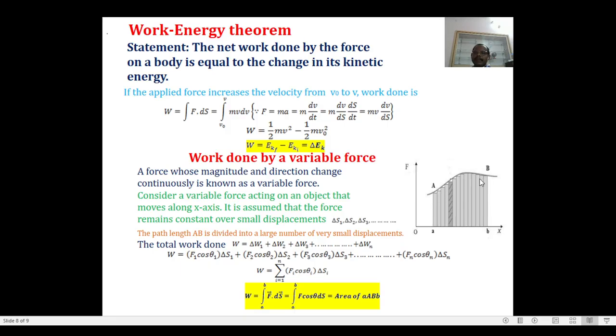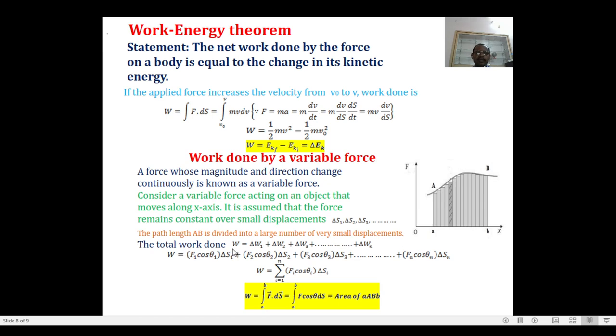Now we can consider this entire region and divide the area under this curve into small rectangular elements. We assume that force is constant in each very small region. So this is delta S1, this is delta S2, delta S3, delta S4 and so on. The path length AB is divided into a large number of very small displacements.